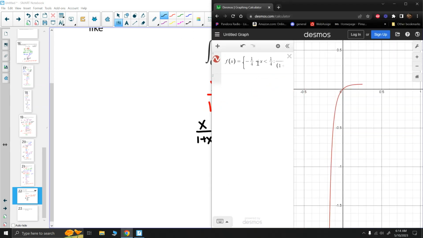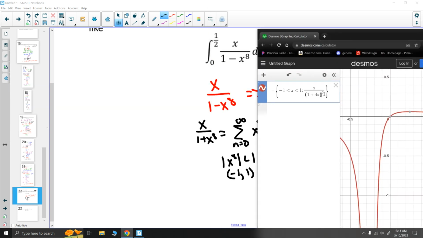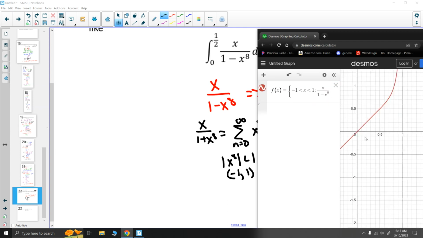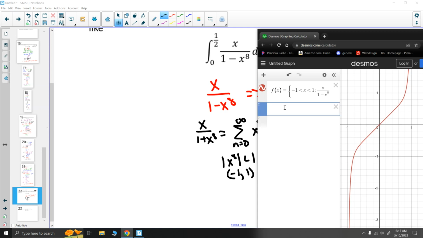Let's just double check that everything's okay. All right, we have 1 minus x to the 8th, something like that. That's what our curve looks like.